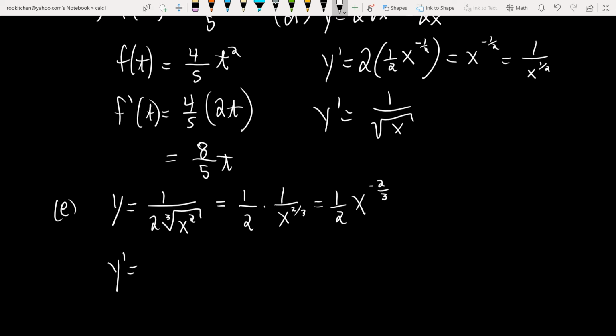Okay. And so leave the 1/2 alone, and you bring down the negative 2/3. x to the negative 2/3 minus 1 is negative 5/3, so you'll get good with fractions. Multiply that out, you get negative 1/3 times x to the negative 5/3, which is the same as 1 over x to the positive 5/3. And you can multiply those together.